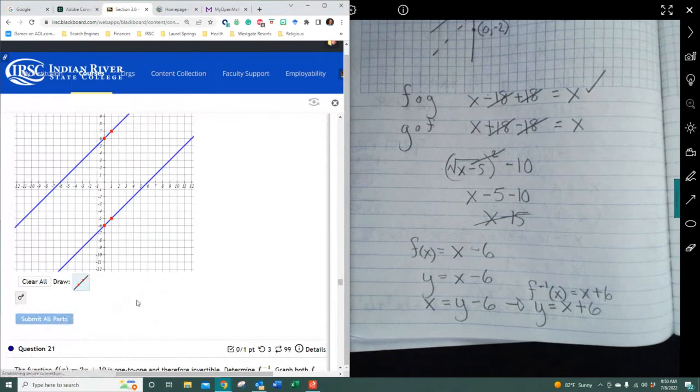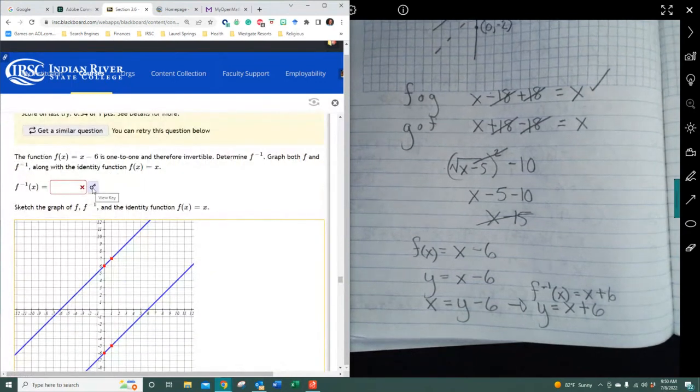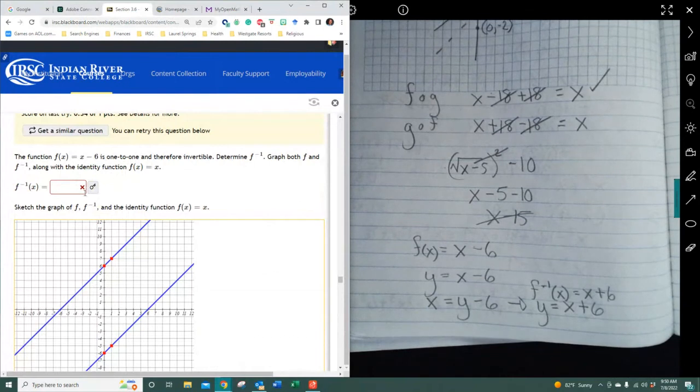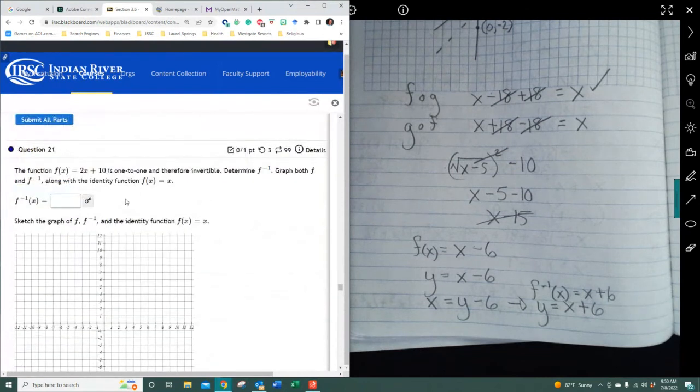Of course, I didn't enter the answer there, but the answer is x plus 6. So that's how you do this. You put f of x as y, then switch x and y and solve back for y, and then you get your inverse.